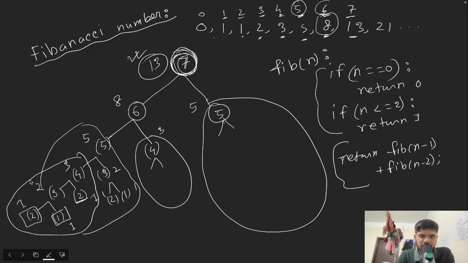Okay, this is not the optimization video. In this video, I'm just talking about how the Fibonacci number works and how the recursion works. I hope you understood how to find the nth Fibonacci number. Now let me show you the algorithm.